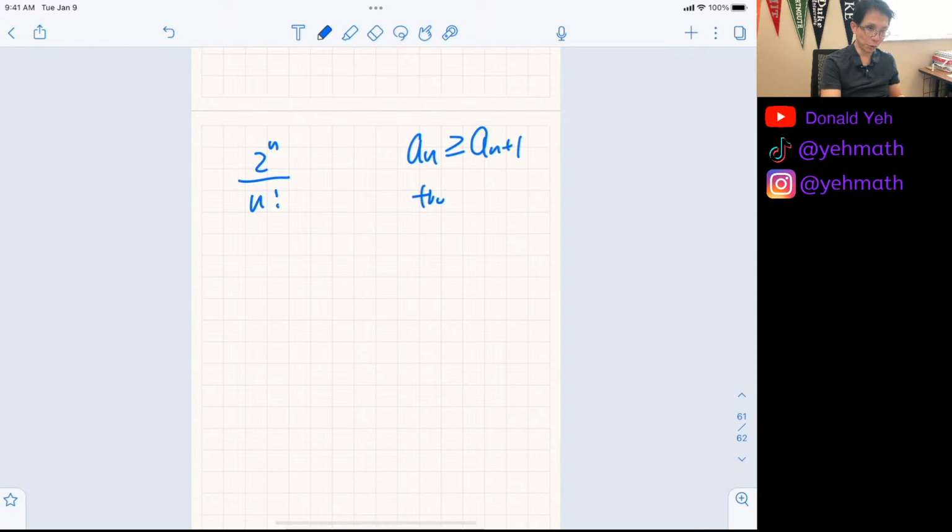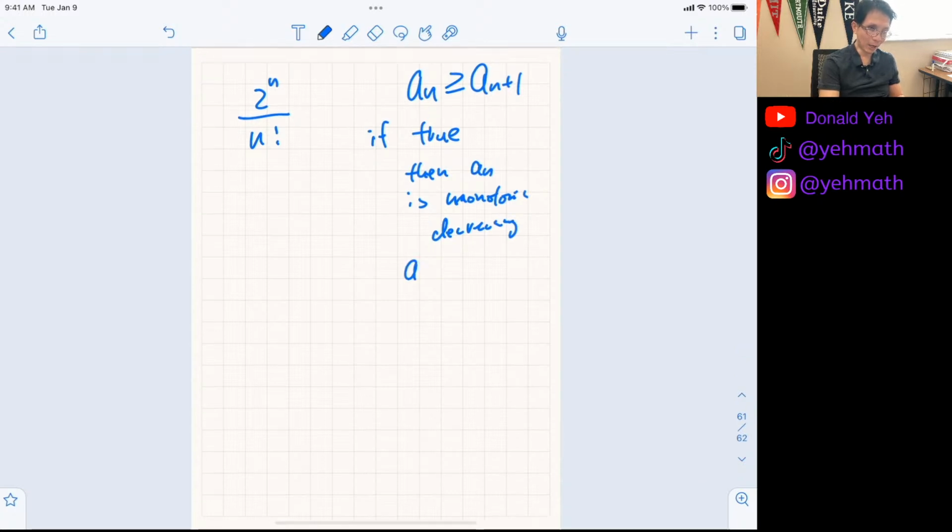If this is true, then the a n is monotonic decreasing. Okay, so now I can also prove another statement: a n over a n plus 1 is greater than 1. As long as you can prove this, I can see if they are monotonic.